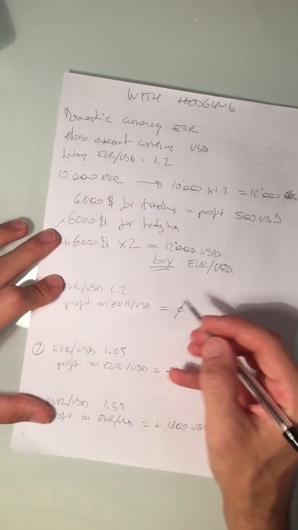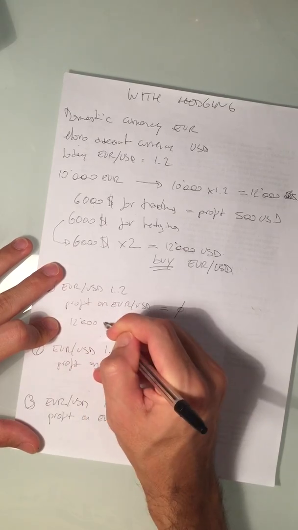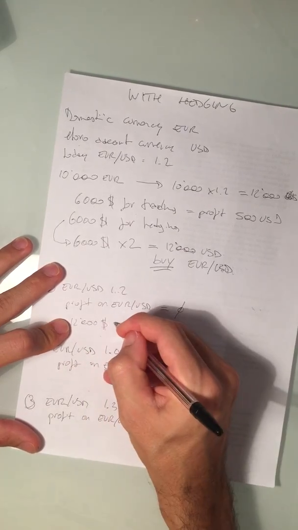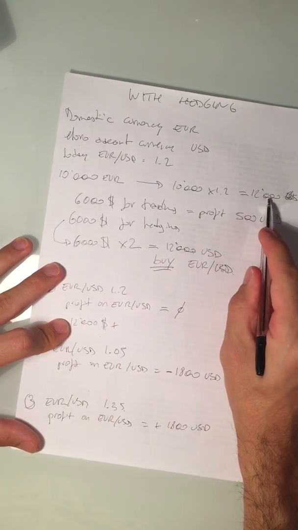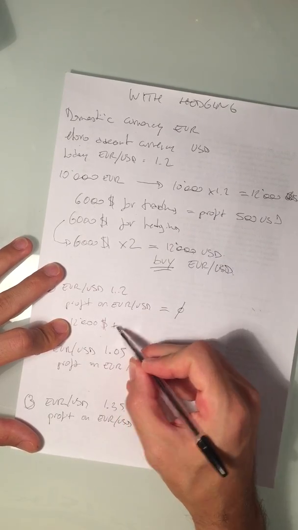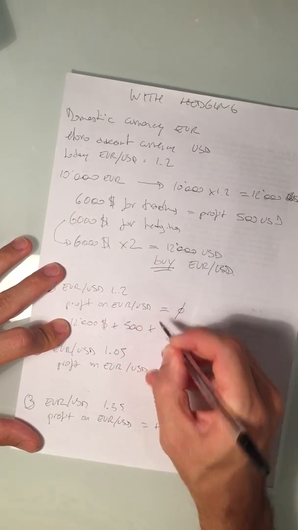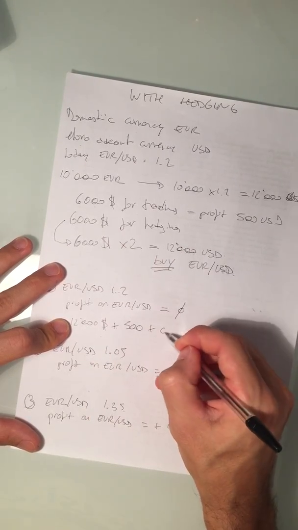Okay, so if we now want to transfer our money from eToro account to our domestic bank account, it means that now I have $12,000 that I started with, plus the money I gained from the trading, 500, plus the profit on euro US dollar, so it's 0.